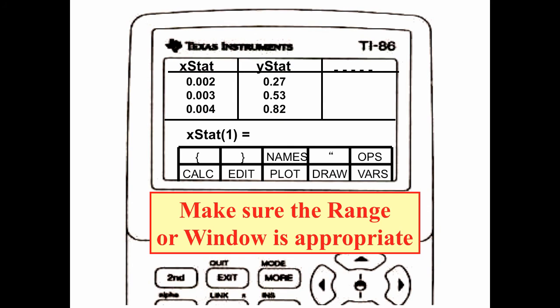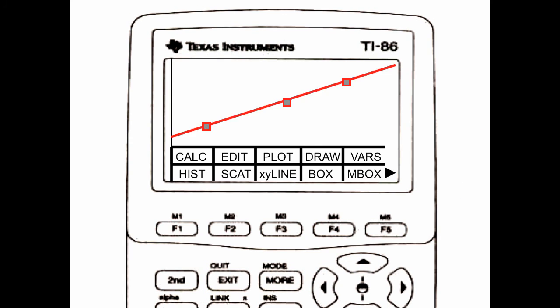I would strongly suggest making a graph and seeing what it looks like, because sometimes you can look at it and see it's visibly curved, and there's no point in getting a linear regression line. So make sure you know how to get the range or window appropriate to see what the graph looks like, and then plot your points.